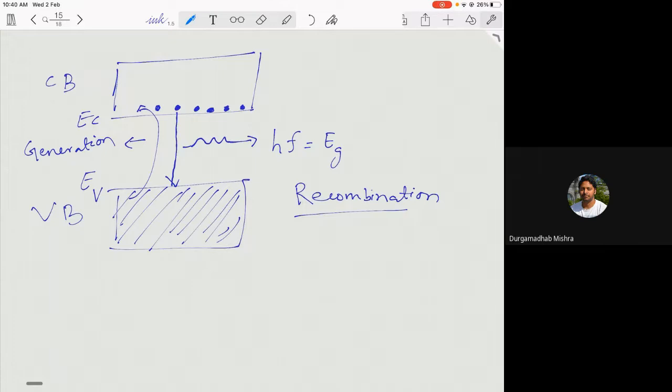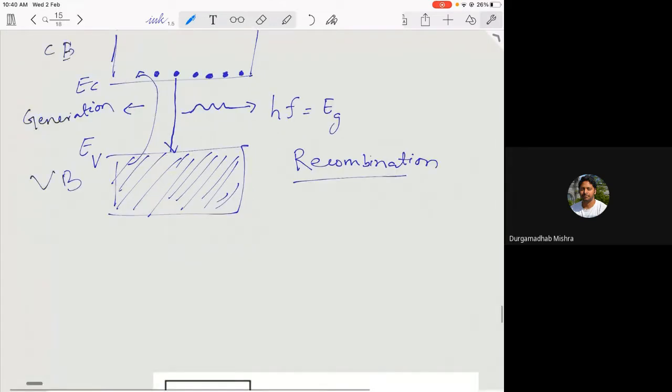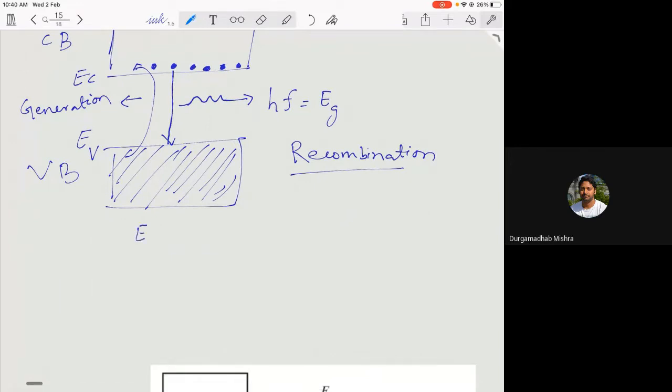So there is an energy conservation happening there. The energy of the electron in the conduction band minus the energy of the electron in the valence band will be equal to Eg. So this is your energy conservation.